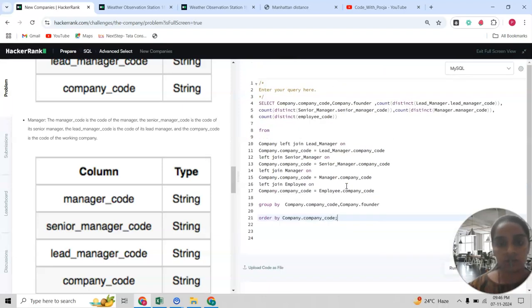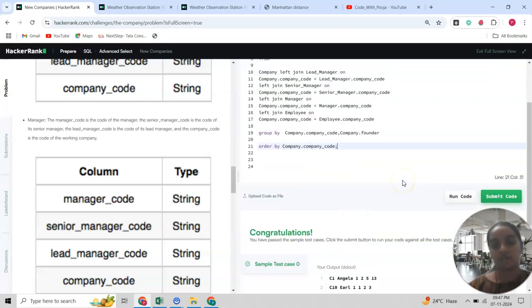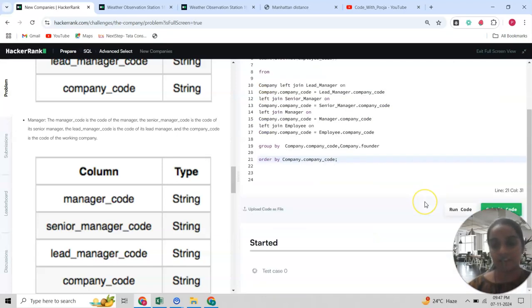According to me the query is right, but let's see what the compiler says. Okay, yeah, well done. We got our correct answer in the second attempt, because the first one had crashed.